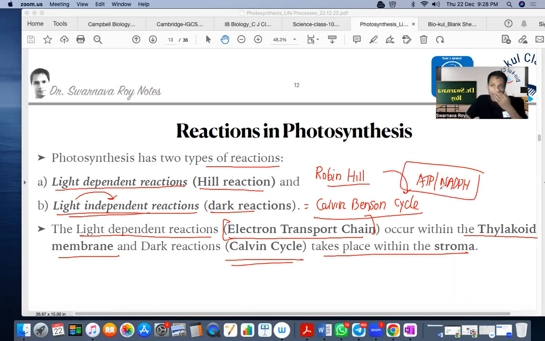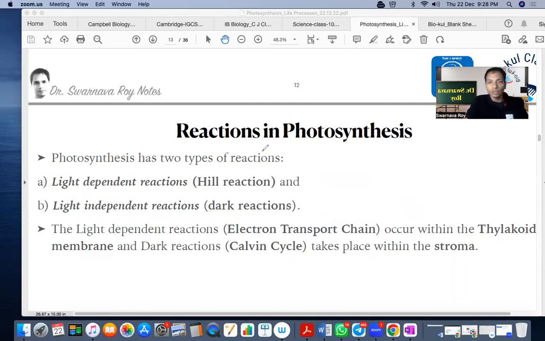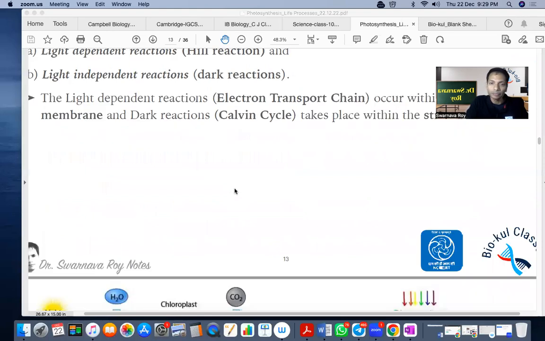Without the supply of ATP and NADPH, the dark reactions will not be carried out. So in one way they are dependent on light, but not directly, just like the light reactions are directly dependent on light. That's why they are called light-dependent and light-independent reactions. Okay, so let's go to the light reaction and see what's going on.